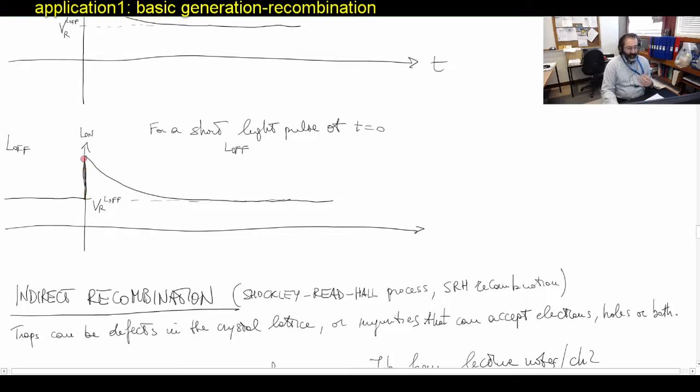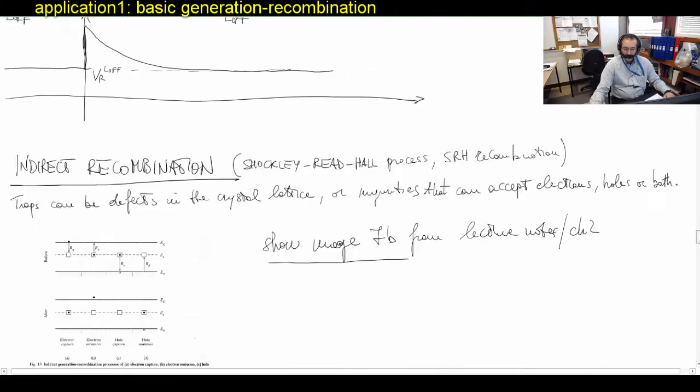Then it drops again because that was a very short light burst. So you can also use light bursts. This is the first example I wanted to show you, a very nice application of generation and recombination concepts to measure something important, the lifetime of my minority carriers.